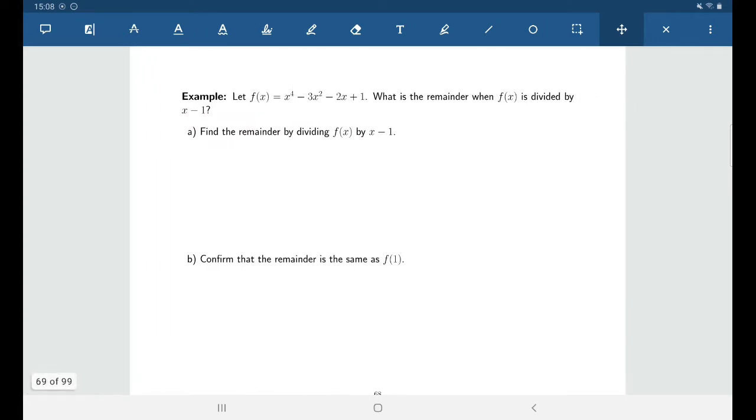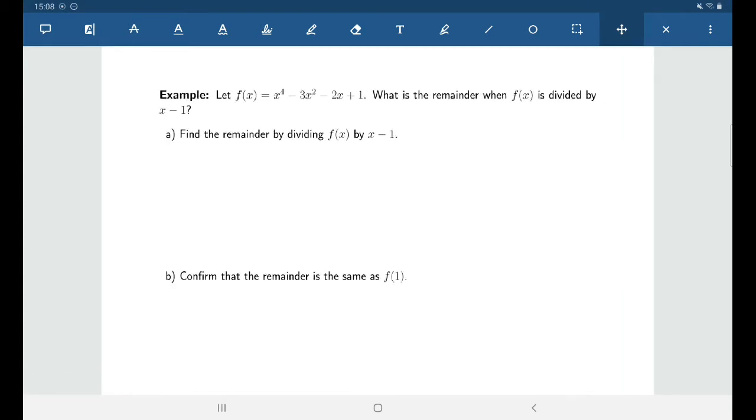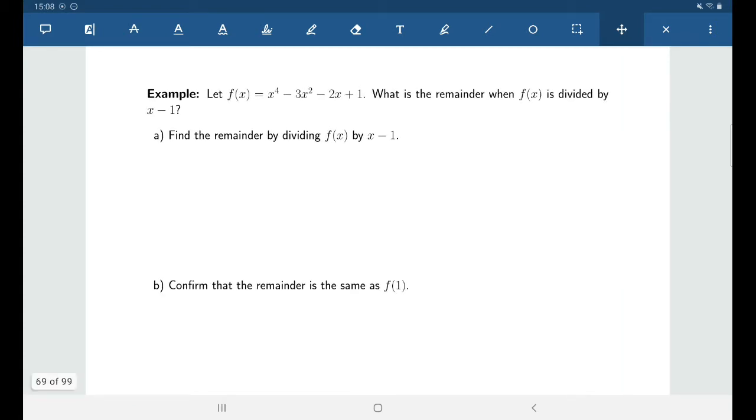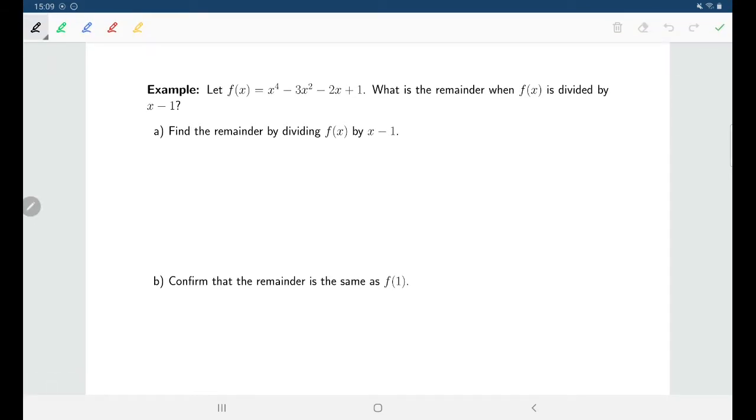So as an example here, I've got a polynomial f of x, and I'm going to demonstrate this remainder theorem in action. First off, finding the remainder when we divide it by x minus 1. So f of x is 1x to the 4, 0x cubed, minus 3x squared, minus 2x, plus 1.